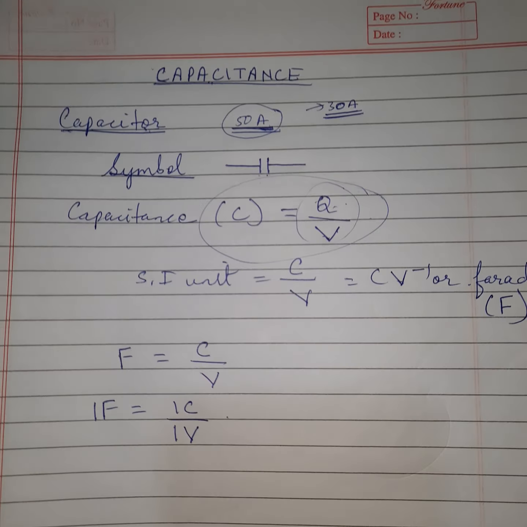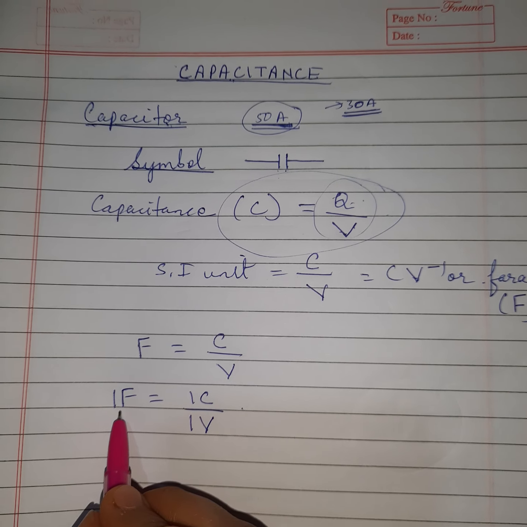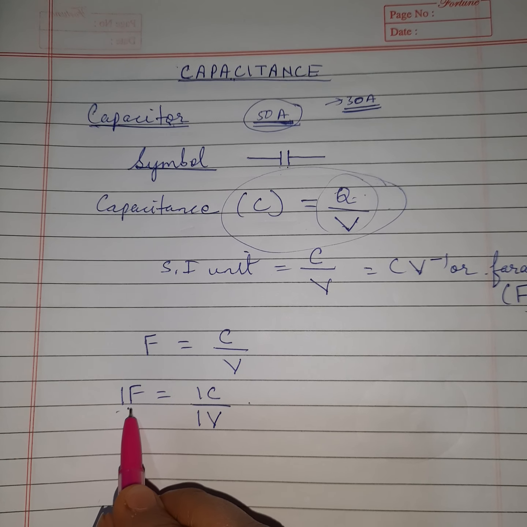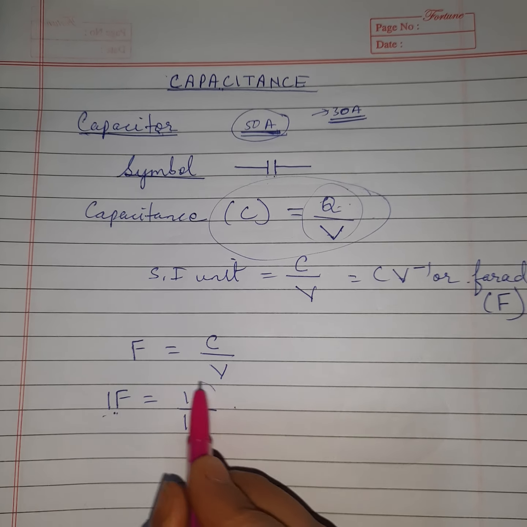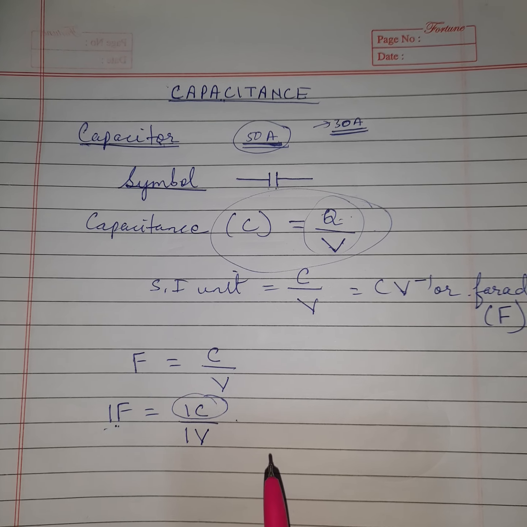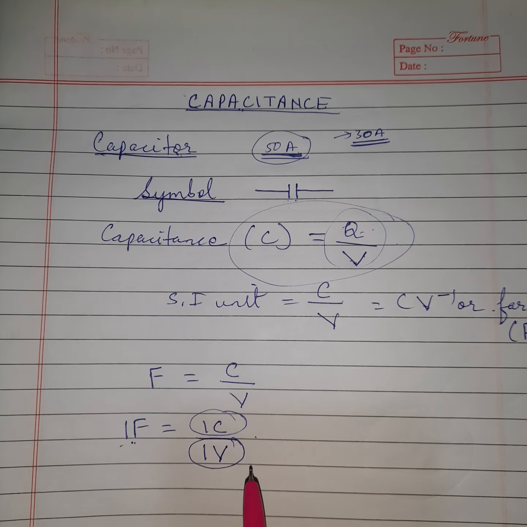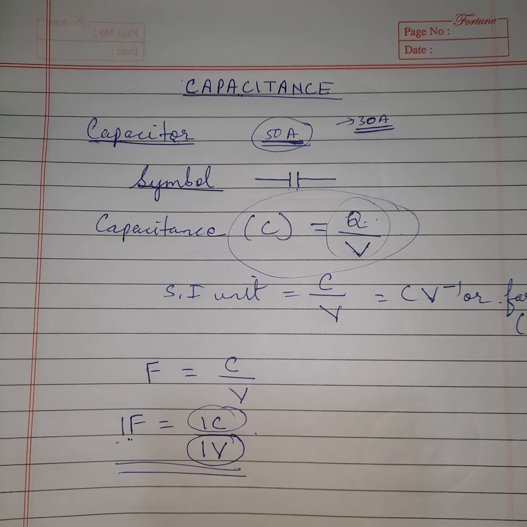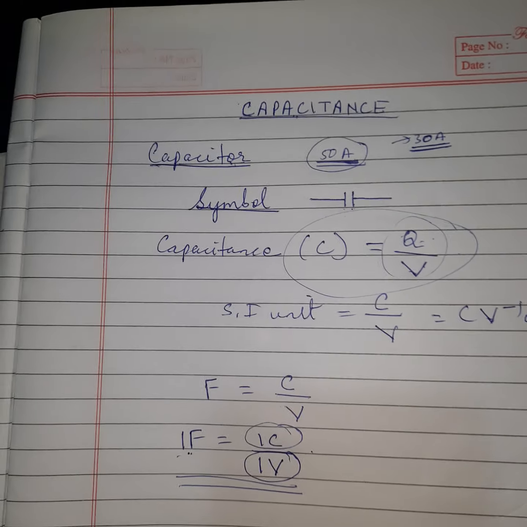So if you want to define farad, you will define it this way. 1 farad is the capacitance of a capacitor in which 1 coulomb of charge causes a potential difference of 1 volt. This is about the SI unit of capacitance.